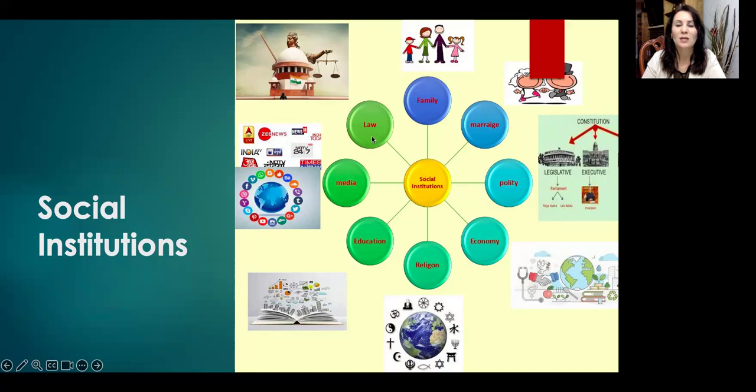All of them have their own structure, and they have very important functions in society. Another thing in common is that all of them have their own norms. These are not buildings or some sort of physical structure. They are the patterns of individuals in society.